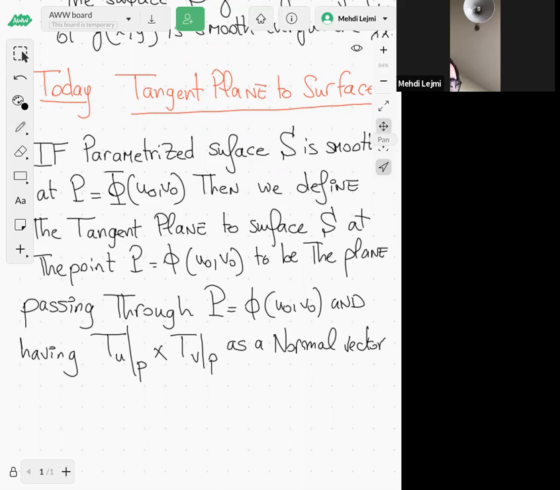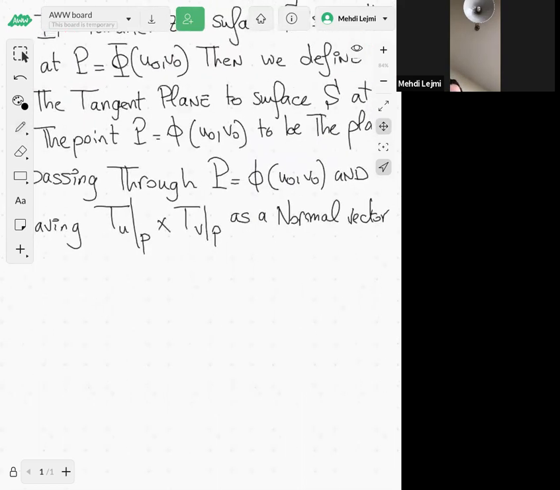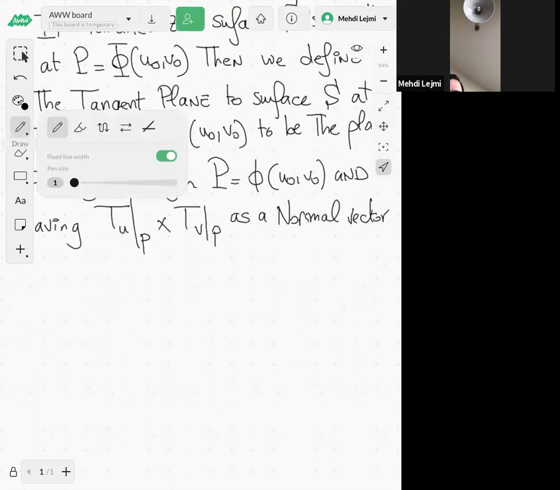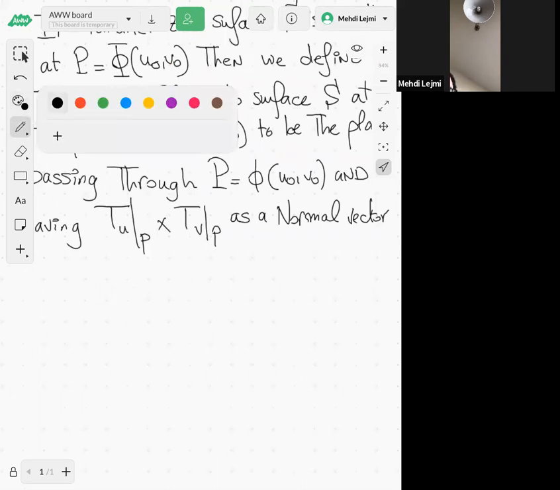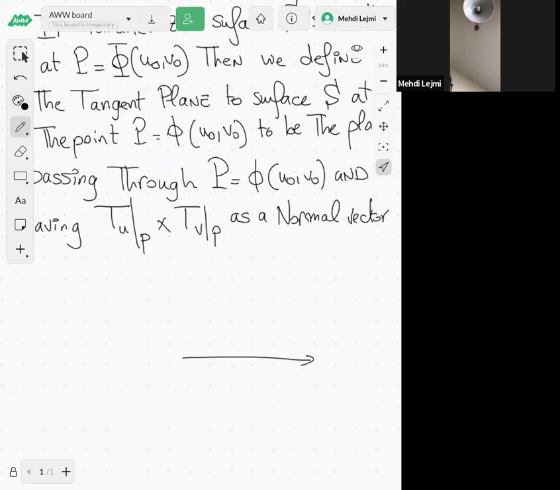So what I'm saying is, let me just draw some picture. This is X, Y, and Z, we are in space.